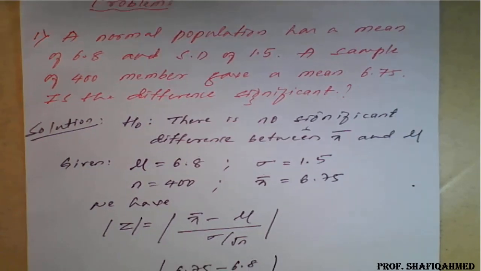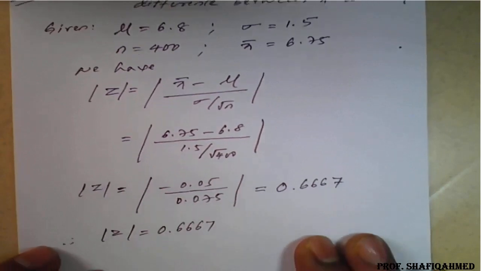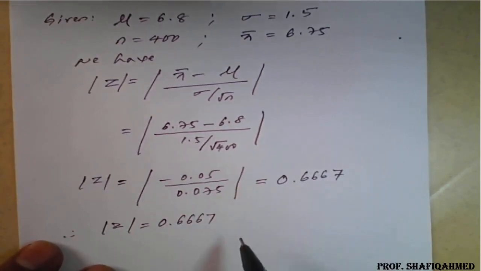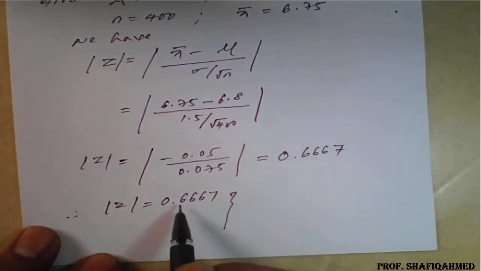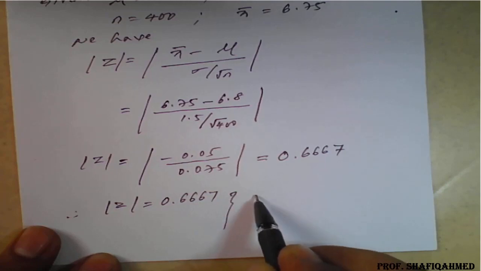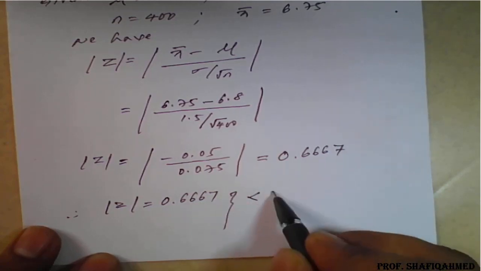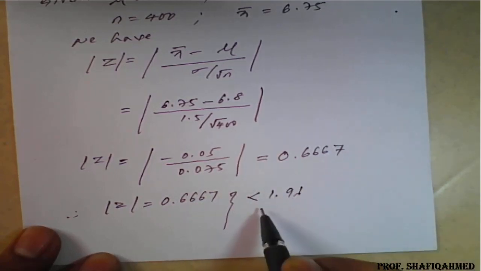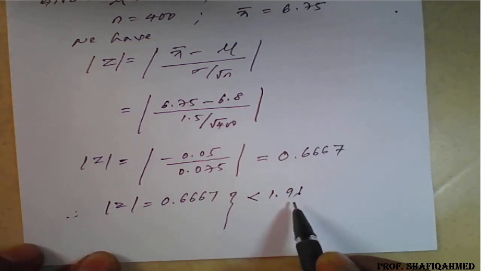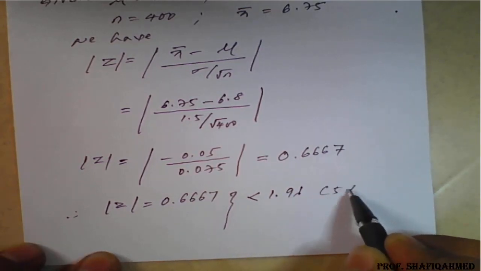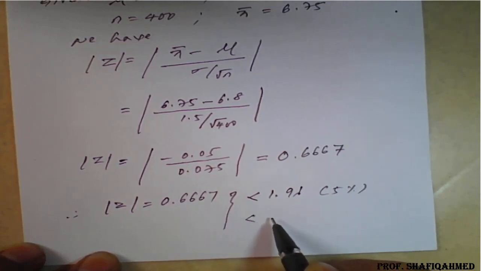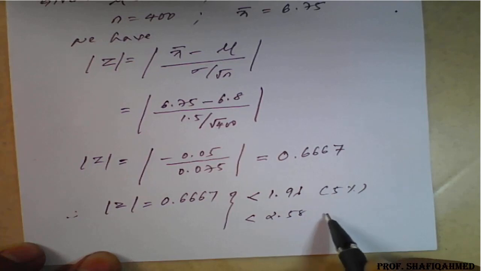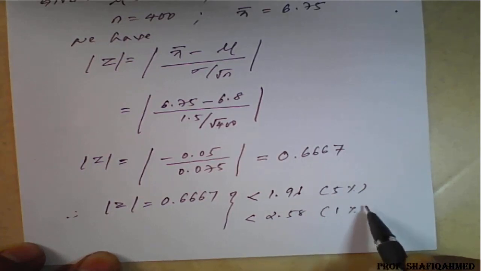As we know, this value 0.6667 is less than 1.96, which belongs to 5%, and also less than 2.58, which is 1%.